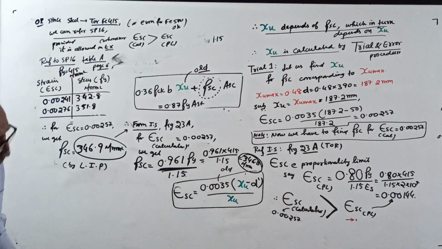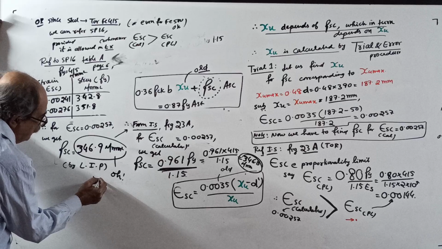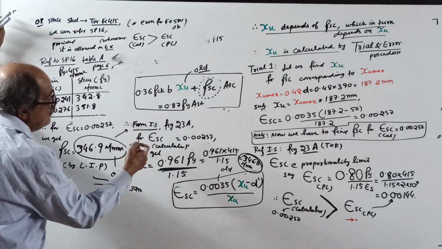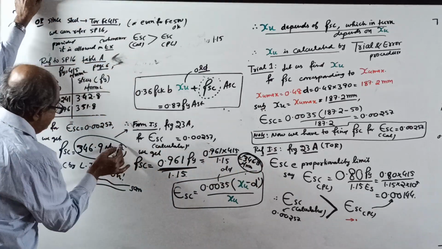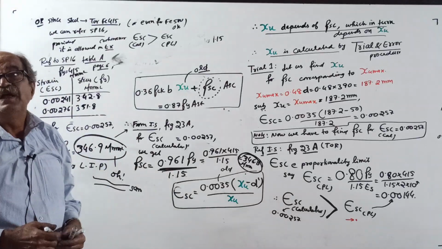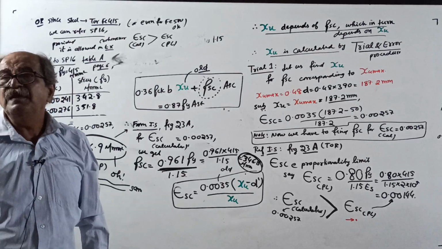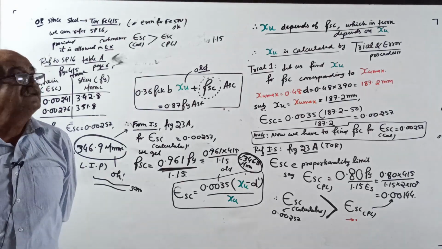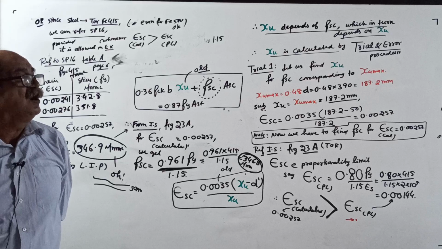Now make a note. It is almost the same, because there you got 346.8, and we got 346.9. Now, which one to continue? Anyone you can continue, but since SP16 may not always be available, for example if you are using Fe550 steel, SP16 is not possible to use.